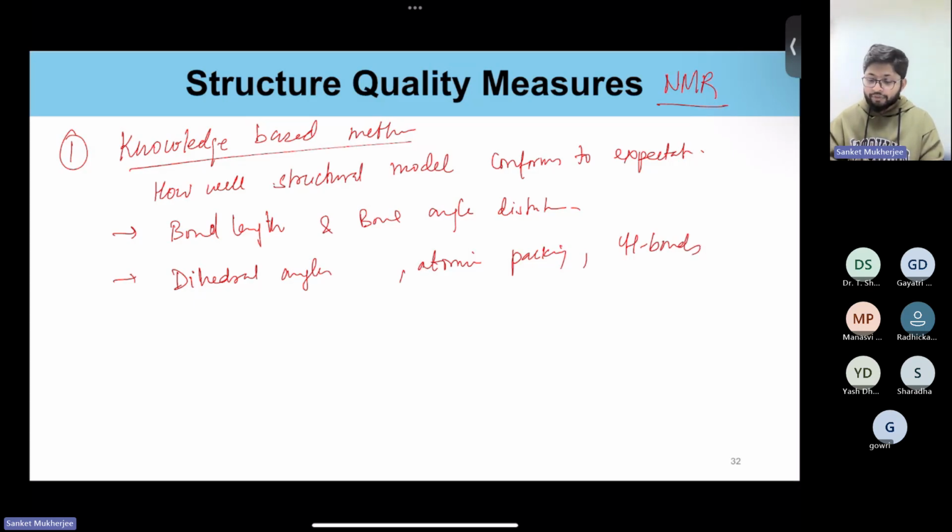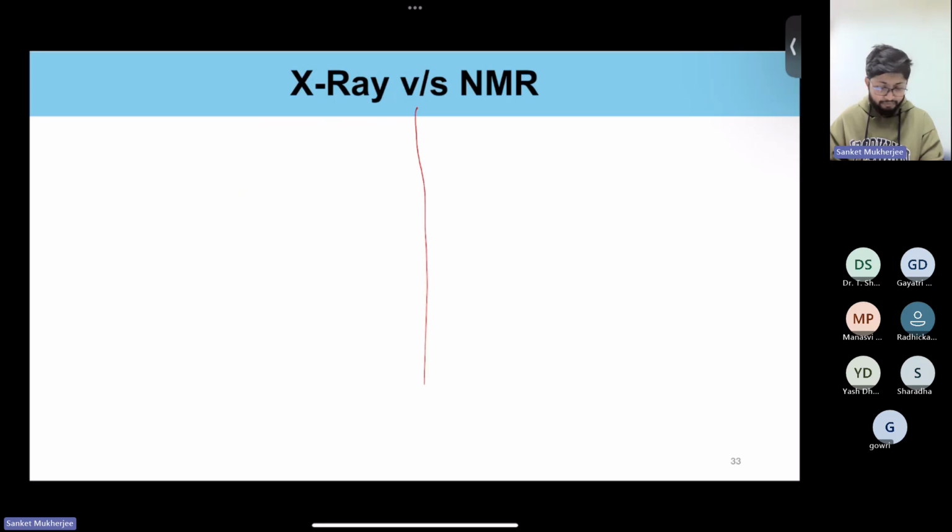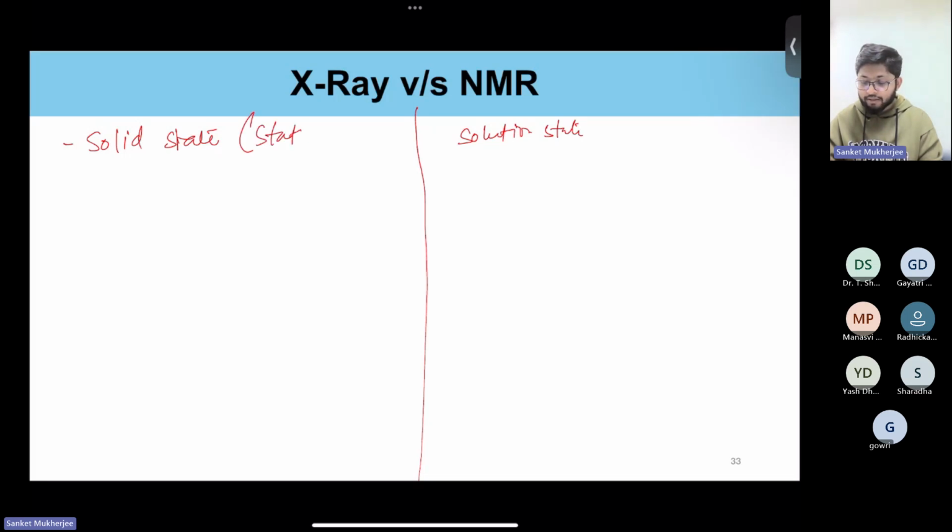Talking about the differences between X-ray and NMR: X-ray is performed in a solid state. NMR is performed in a solution state, although there are examples of solid state NMR as well. Since X-ray is done in a solid state, it's static, so you get only one kind of structure, a frozen conformation. NMR is dynamic.